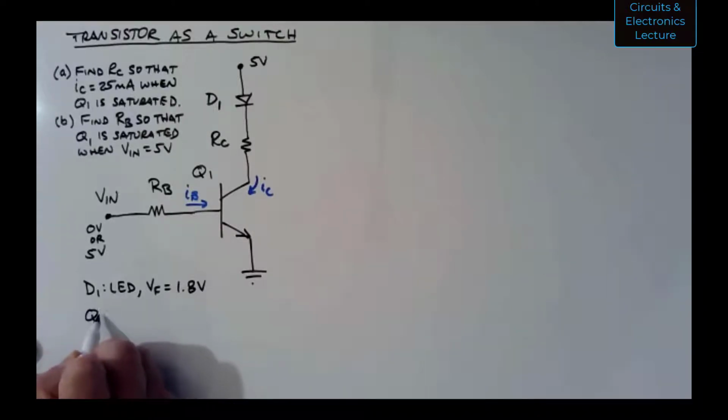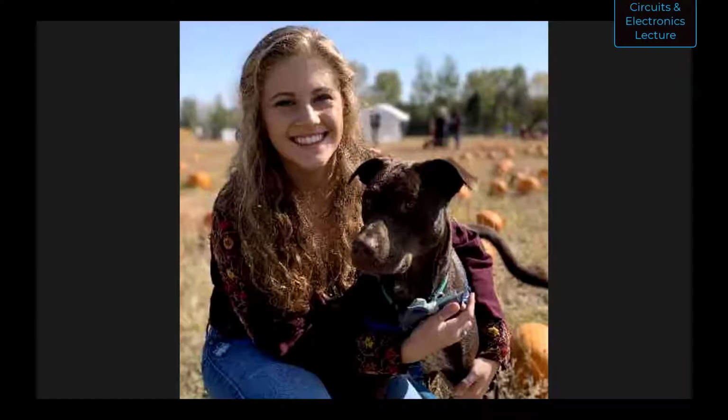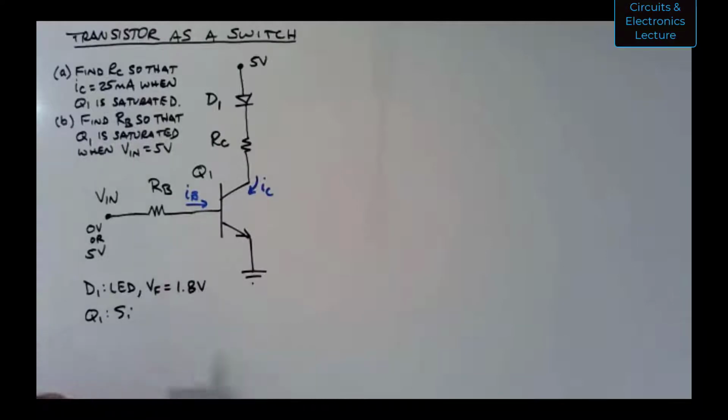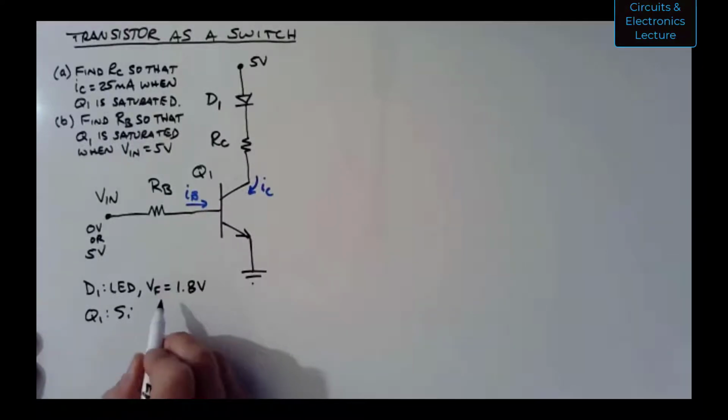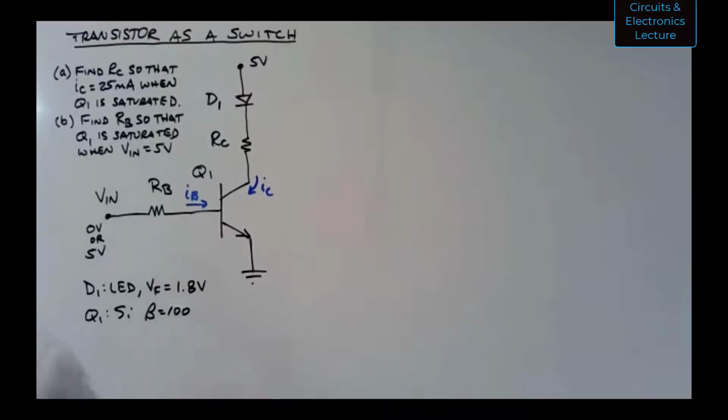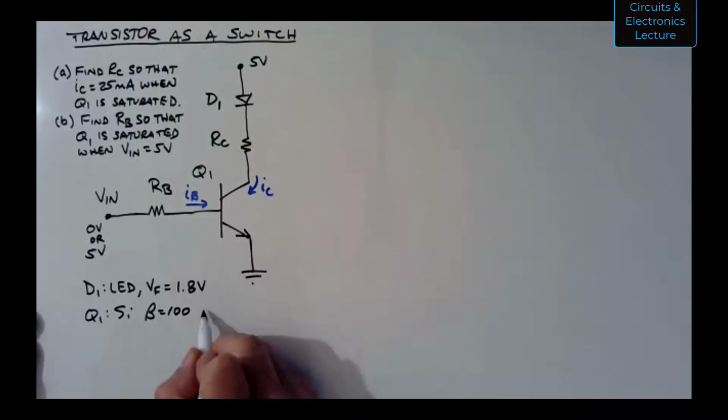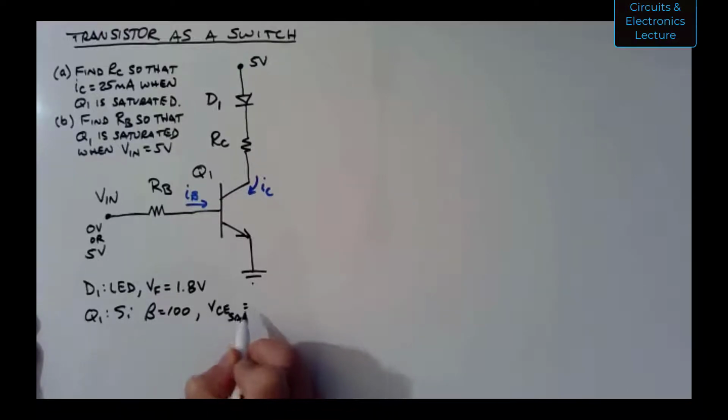Q1 is a transistor. Let's say it's a silicon transistor, Si. And it has a beta. You can find this in the data sheet. You can find a range of betas actually in the data sheet, and it's 100. We're going to say VCE sat is equal to 0.2 volts.